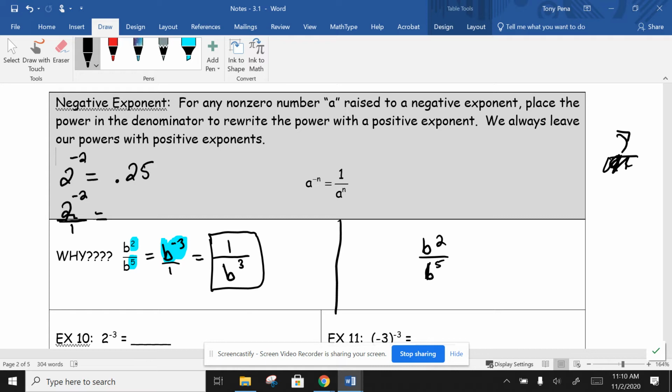Here's the other way to now approach this. And then I don't care moving forward what your thought process is when you do these. I personally like this next rule better, but you want to know both. Write this out. This means I have 2 b's on top. B squared is b times b. In your denominator, you have 5 b's.